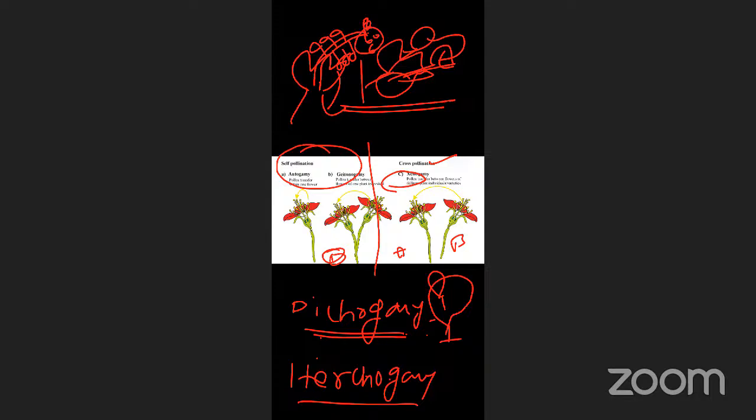Due to this different position, self-pollination is prevented. Is it clear? Yes, sir. Right. So here, the pollination types are important for short answers, and it is very easy.